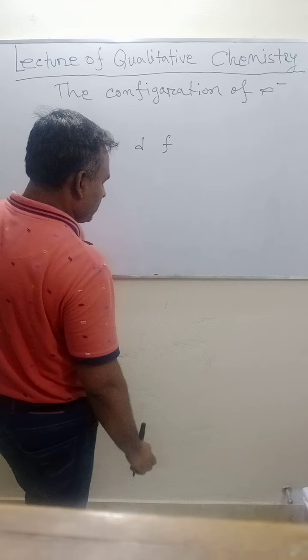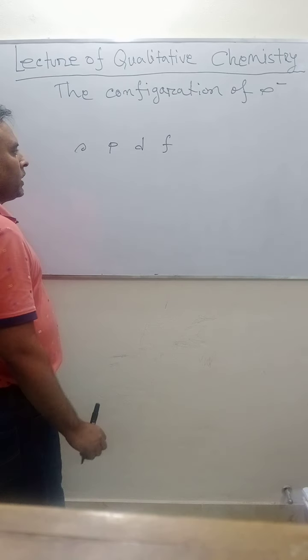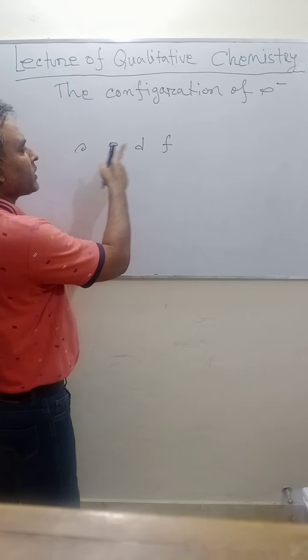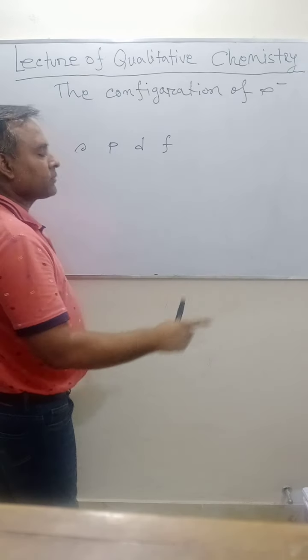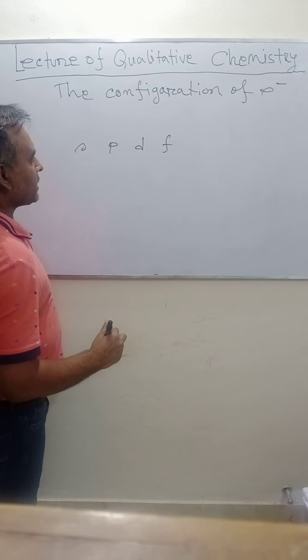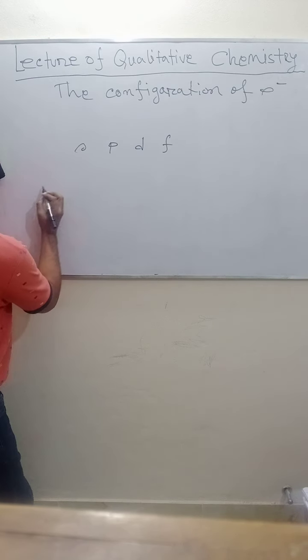Electrons enter into different subshells according to the energy level order. Okay.